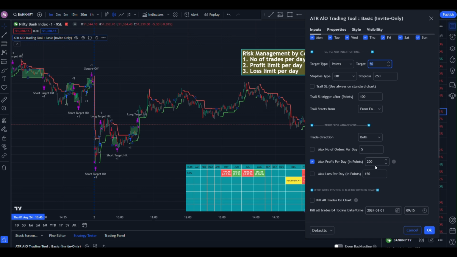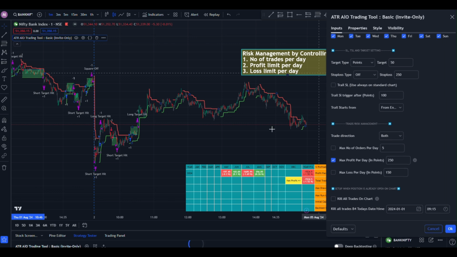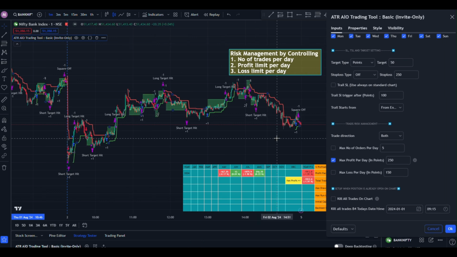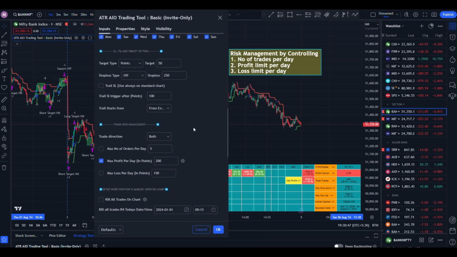If I increase from 200 to 250, then no, because in between there are lots of stop losses happening, so that's why 250 points is not covered. So only 200 points you can achieve through this method. So in that way, you can control your risk, and you can control your trades' profit and loss using this method.